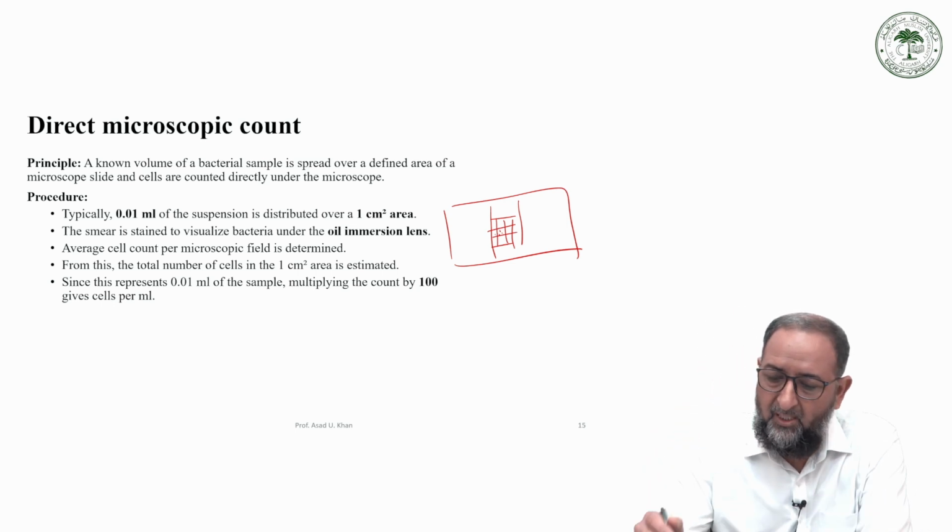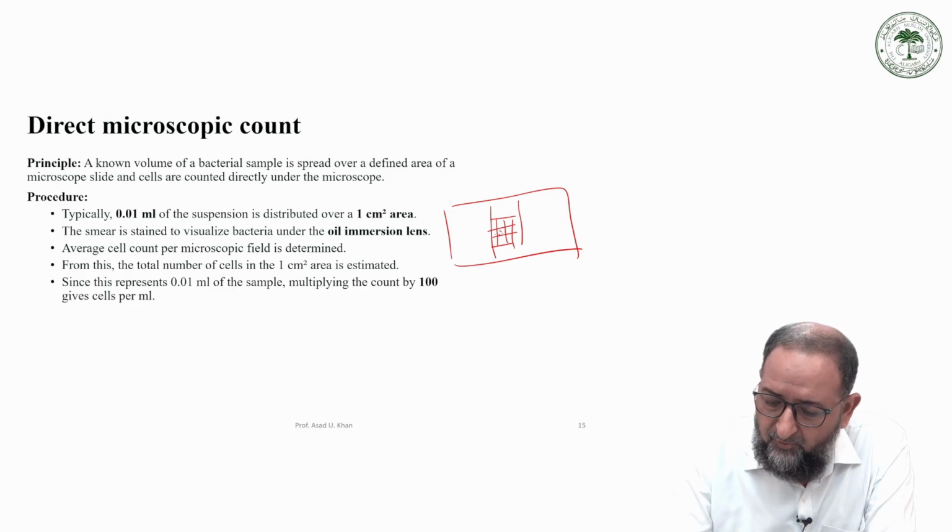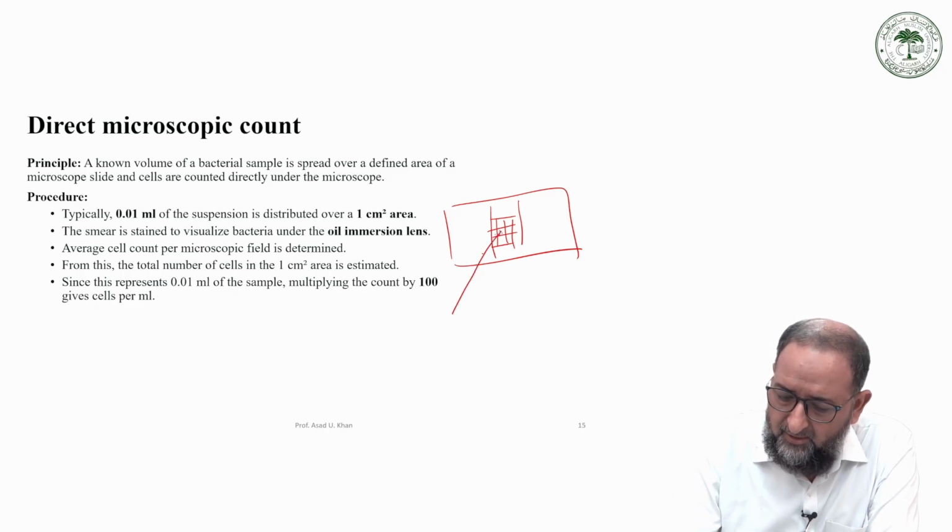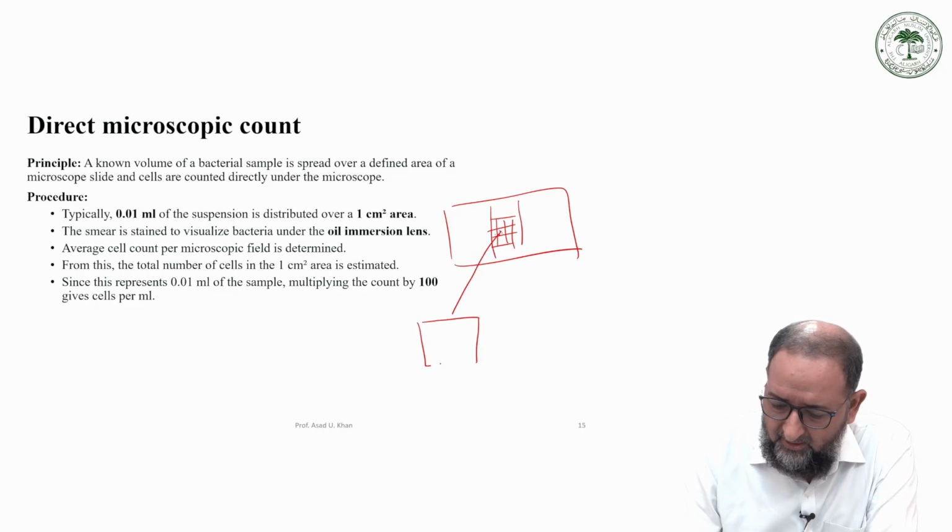For example, if you magnify this chamber like this, you have length, breadth, and then you have a cover slip like this.